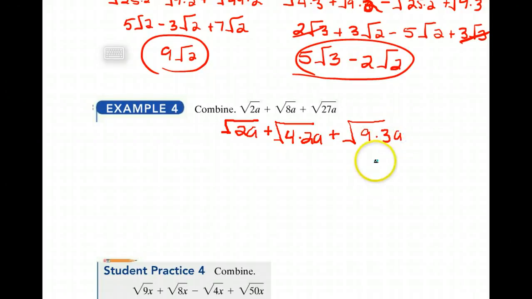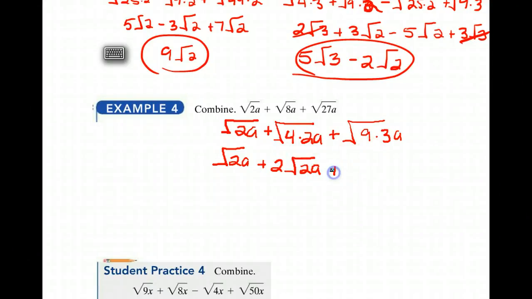Notice that I was keeping the perfect square as a factor by itself and then keeping the other factor with the variable. As we continue on here, I'm leaving the 2a alone. I'm going to now evaluate the square root, so I'm left with 2 root 2a plus 3 root 3a. We can now look for anything that has a like radical.